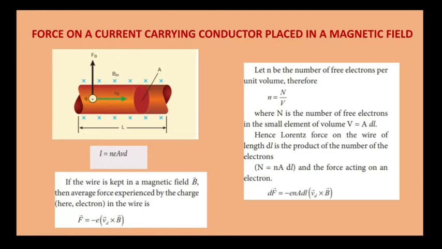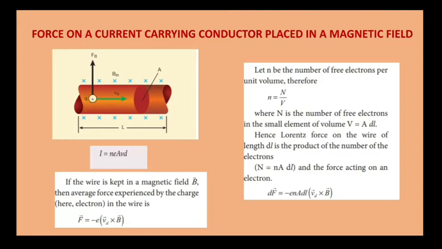When a current carrying conductor is placed in a magnetic field, the conductor feels some force. The force experienced by the conductor is equal to the sum of Lorentz forces on the individual charge carriers in the conductor.